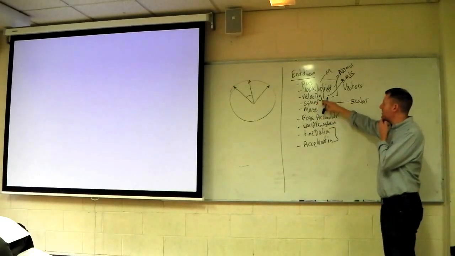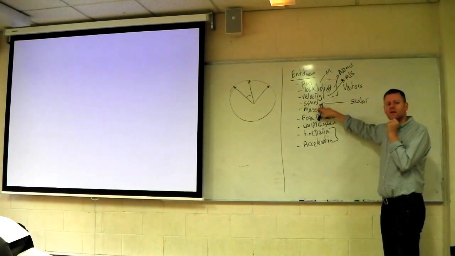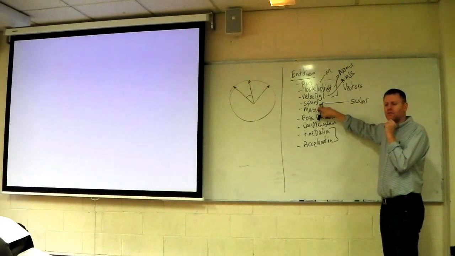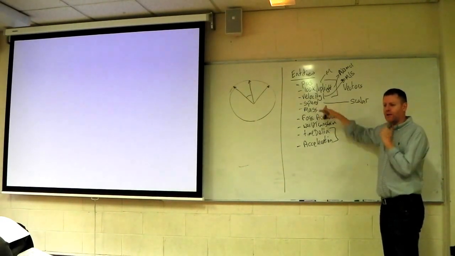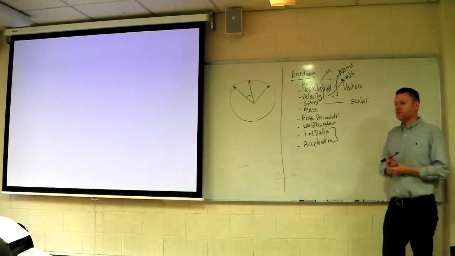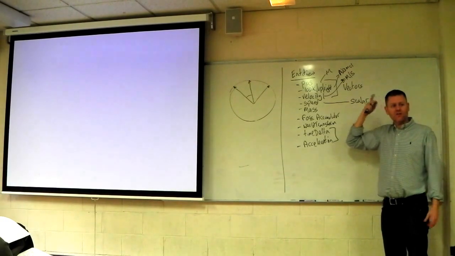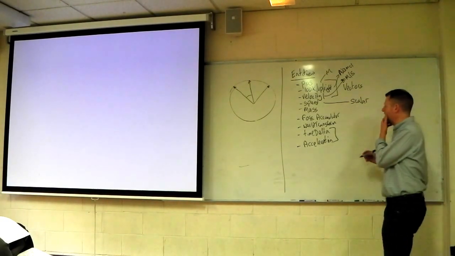You can calculate the velocity by taking the speed multiplied by the what? The direction, which we call the look vector. The look vector is of unit length. You multiply speed by look, you get velocity. So that's the relationship between those three values.